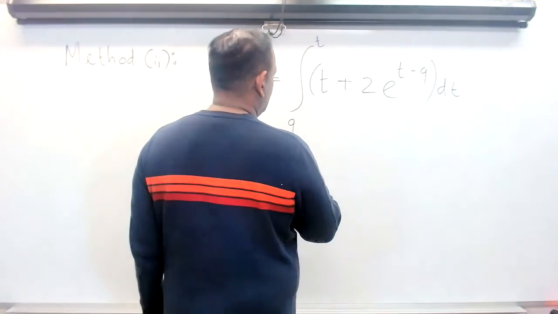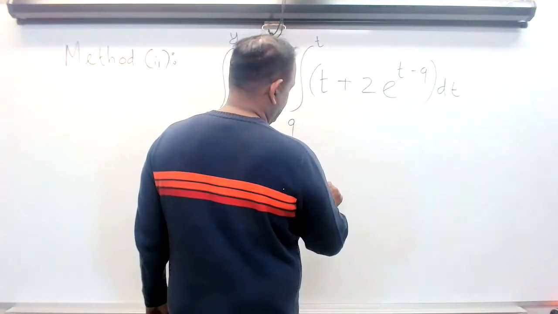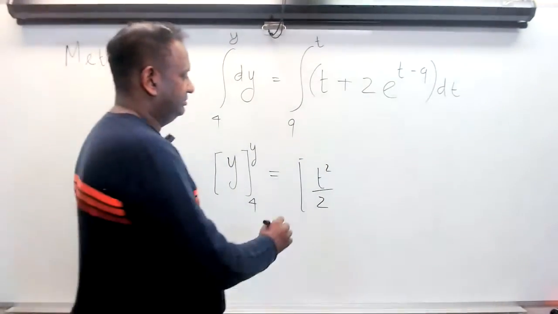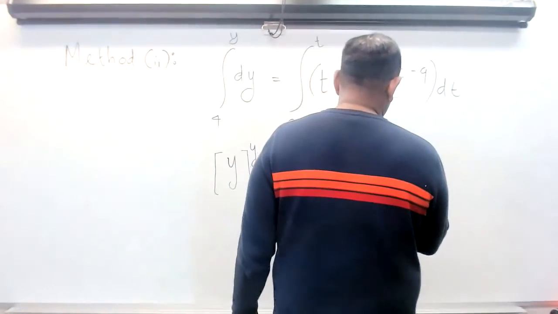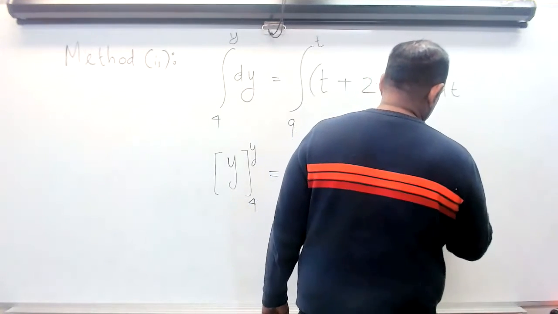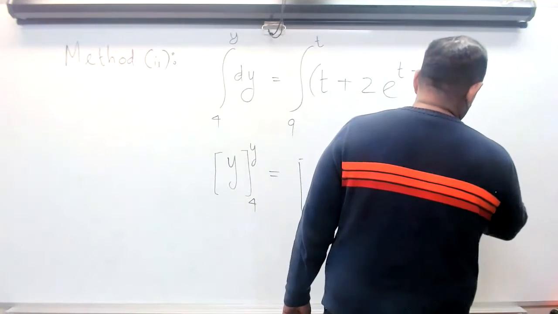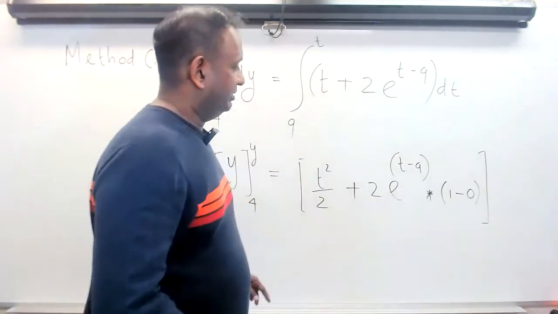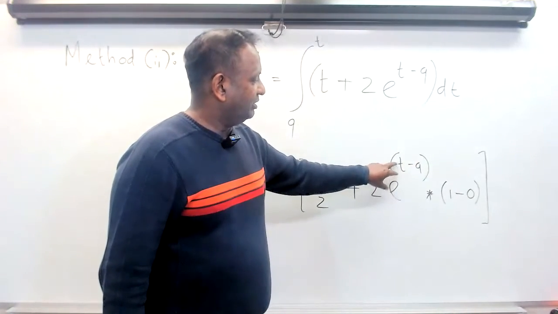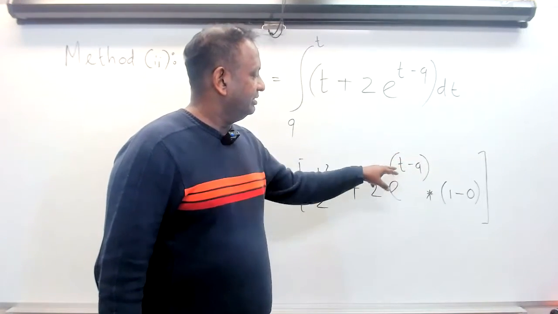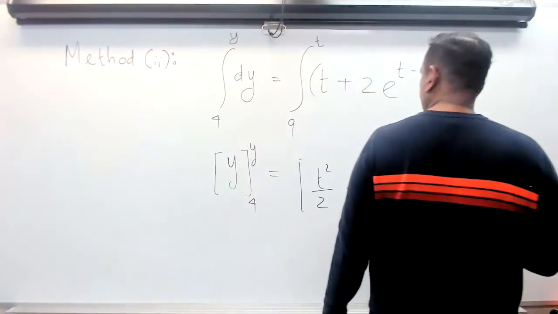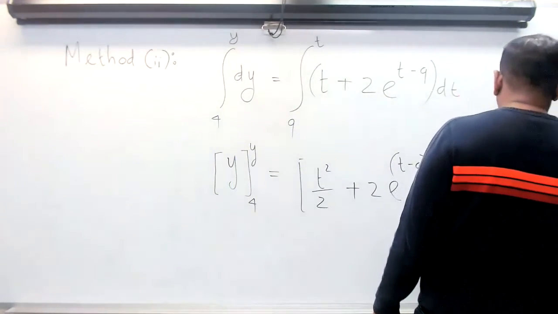Then here you integrate and get t squared over 2 plus 2e^(t-9) times 1 minus 0. You can remember, you put the same thing for the exponent, but you have to take the derivative of the exponent. See, t is 1 and the constant becomes this one, but the lower bound 9, here t.